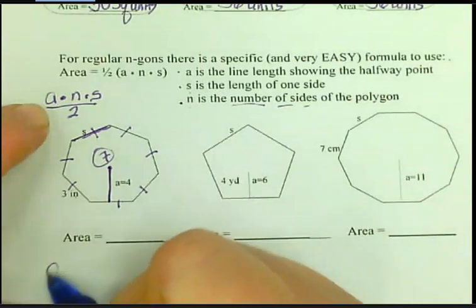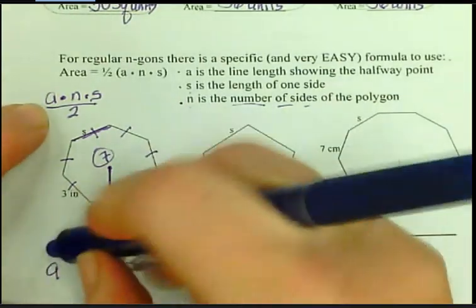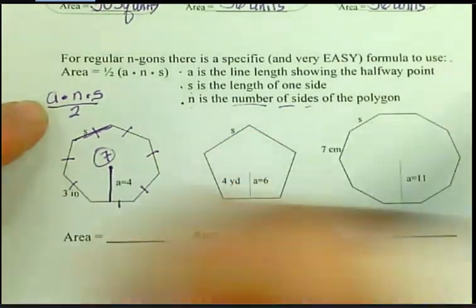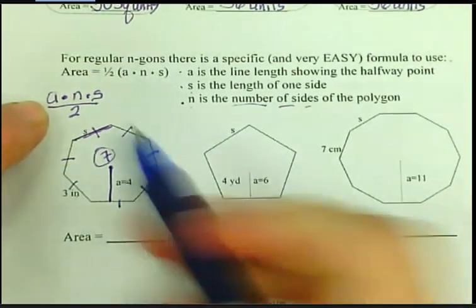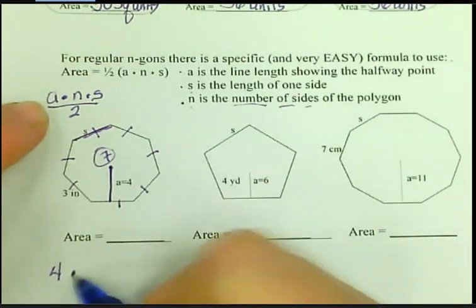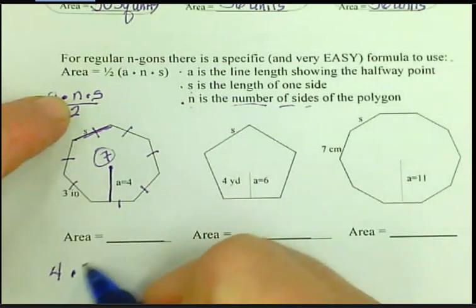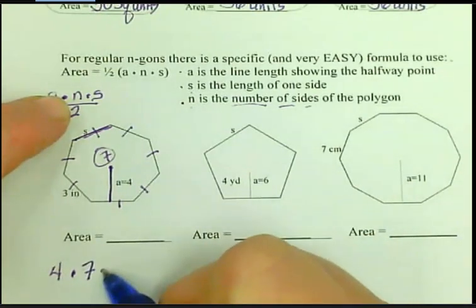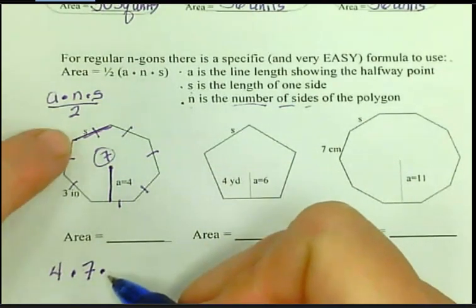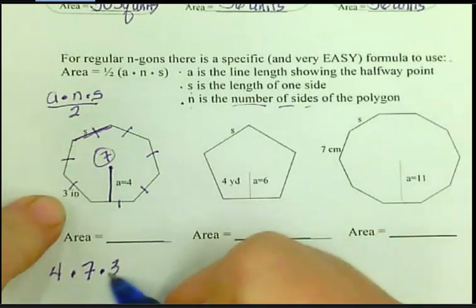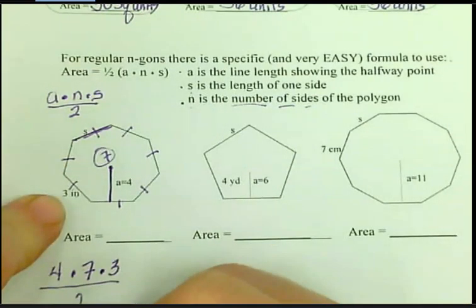A is what? Okay, we said A is 4 times N. How many sides? 7 times, what is the measurement of one side? 3. And the whole thing is divided by 2.